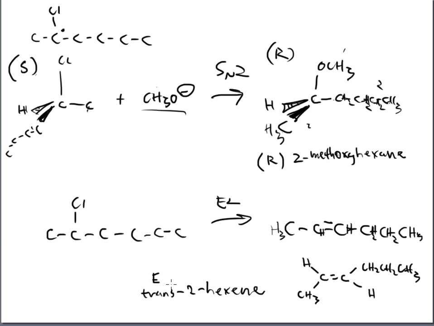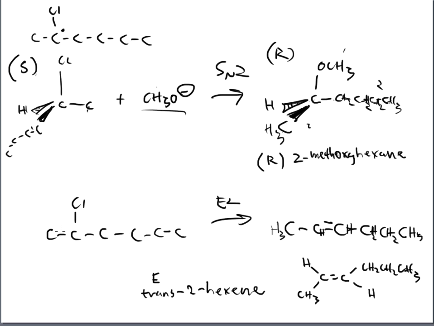So in this reaction, S-2-chlorohexane will undergo a nucleophilic substitution bimolecular reaction with methoxide in order to form a product of R-2-methoxyhexane that shows Walden inversion and no carbocation rearrangement.